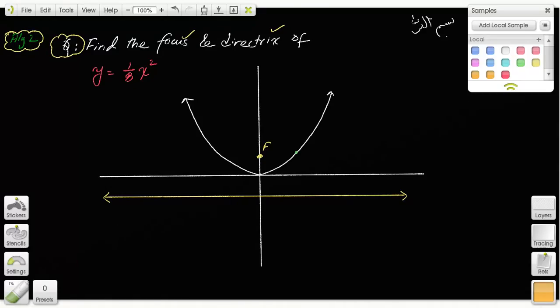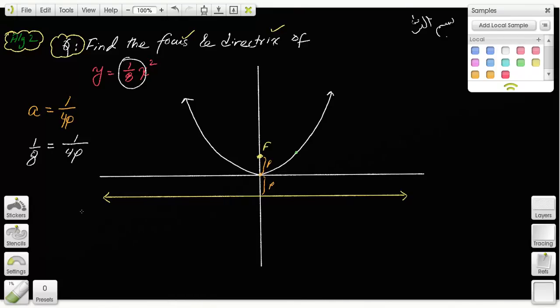And that is reasonably easy to do, if you recall, because we know that A is 1/4p, where p is the distance between the vertex and the focus, and the vertex and the directrix. Okay, so let's do this. So we know what A is. A is 1/8, right? So 1/8 equals 1/4p.